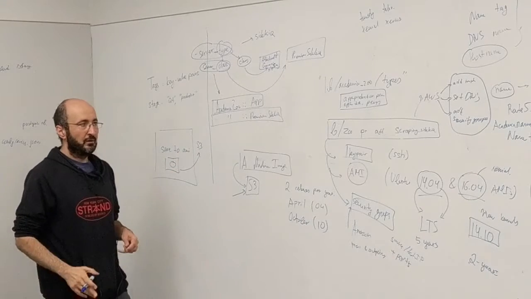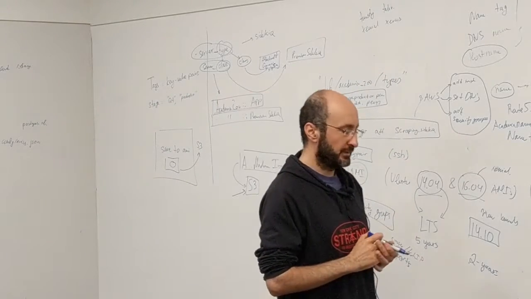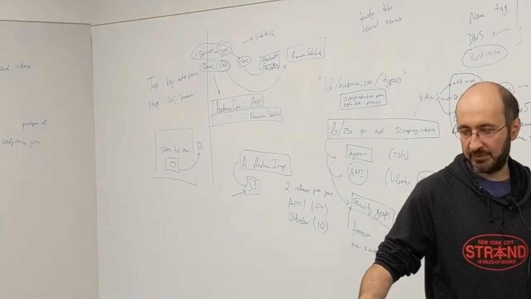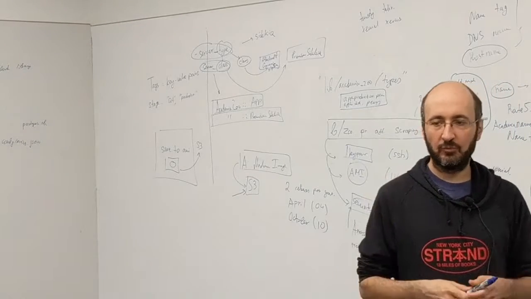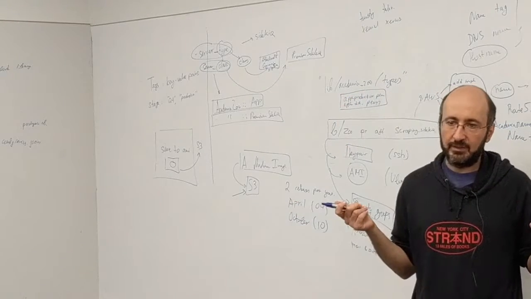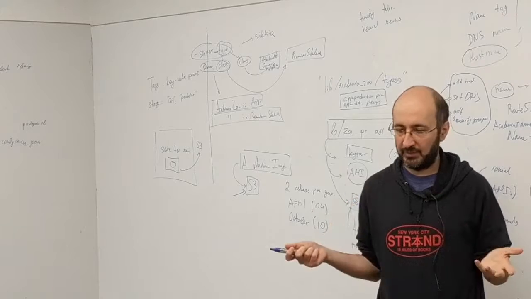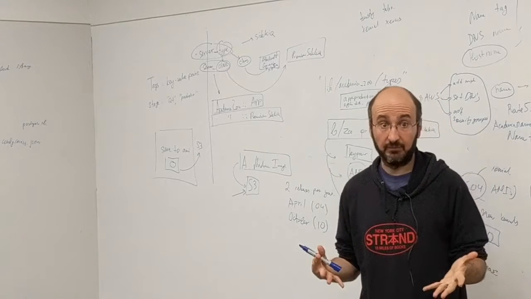So we do a lot of work when we provision machines. We install the same stuff over and over again. Like we bring up a new Ubuntu AMI. Ubuntu AMI doesn't know anything about Academia Ruby, so we install Academia Ruby. We install all the users. We install a ton of other stuff.